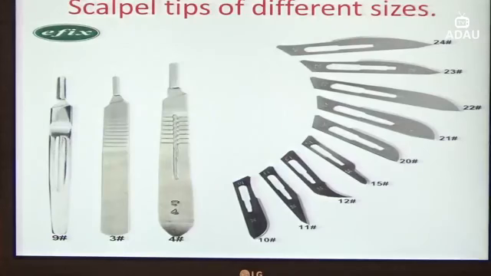Here we can see scalpels of different sizes. This is the handle, located on the left side, only the handle, and on the right side we see only the blade. There are different types with different numbers, the more useful ones being number 20, and 23 and 24. But I think it depends on which blade we use with the handle.